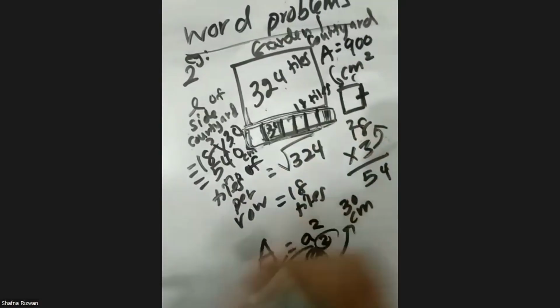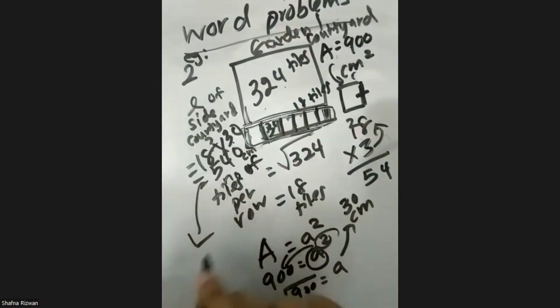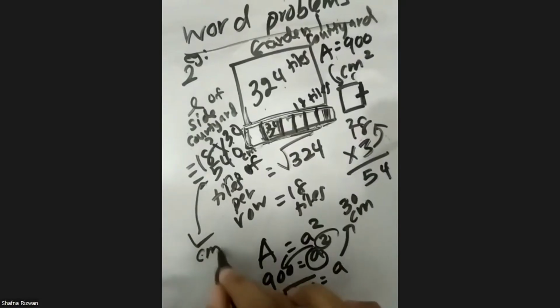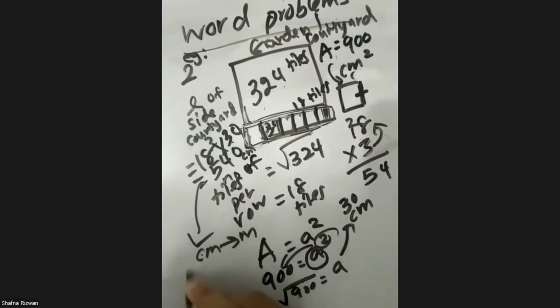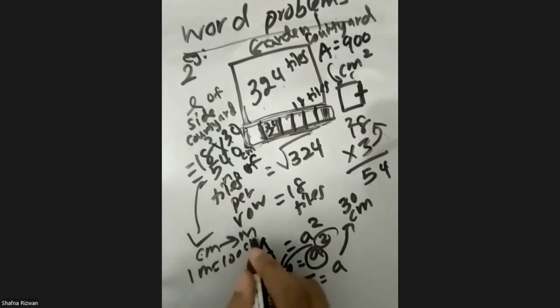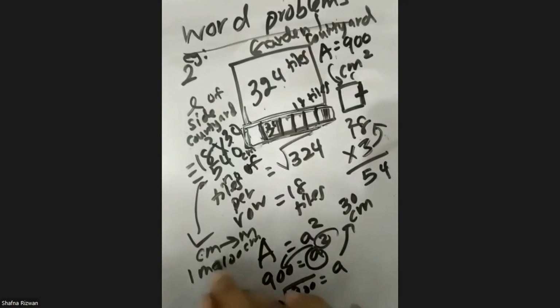But they don't want the centimeter, they want meter always. So convert the centimeter to meter. How can you do that? You all know 1 meter is equal to 100 centimeter. Now centimeter, I'm going to convert it to meter. For that, what should I do? Divide by 100. So 540.